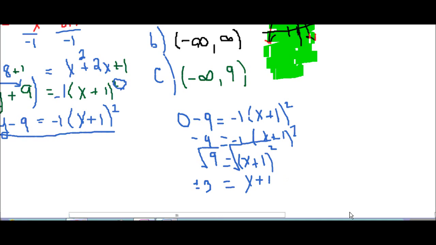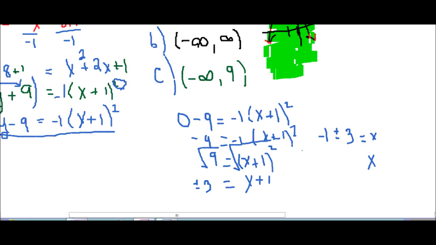This was a mistake I saw a lot of people making in class. When we subtract the 1 over to the other side, we put it in front of the plus or minus, not behind it. So that's two values, remember?